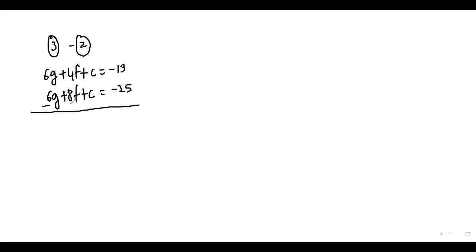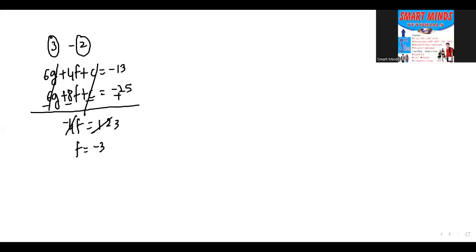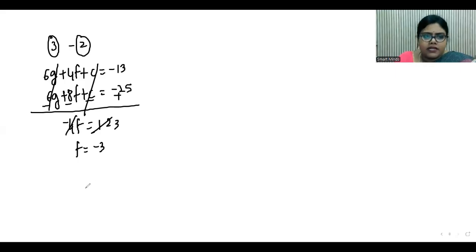Change the signs. Plus will become minus, minus will become plus. Over here you can see 6g minus 6g cancels, c minus c cancels. 4f minus 8f is minus 4f is equal to 12. So f is equal to minus 3.